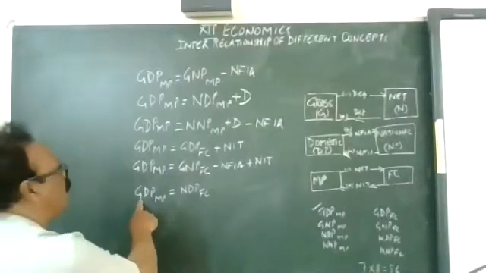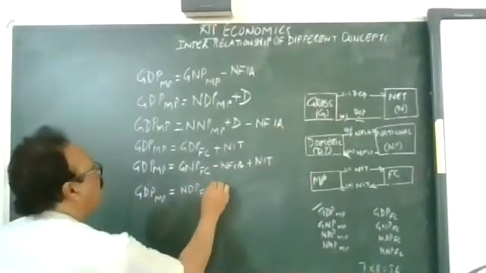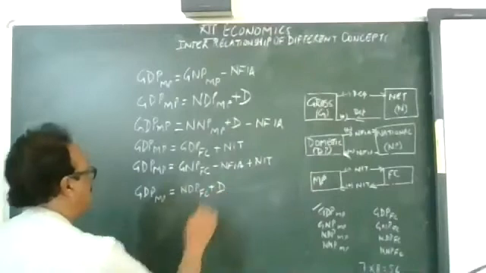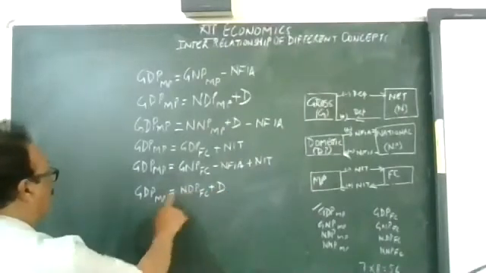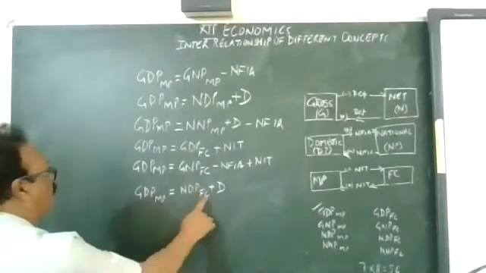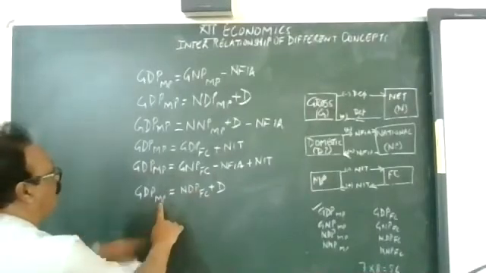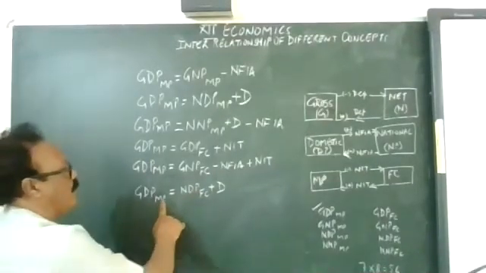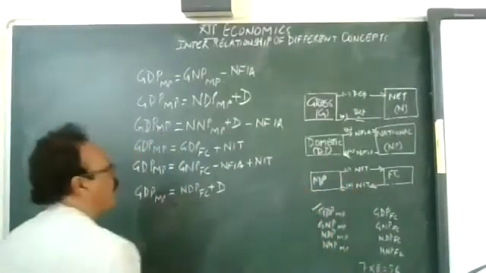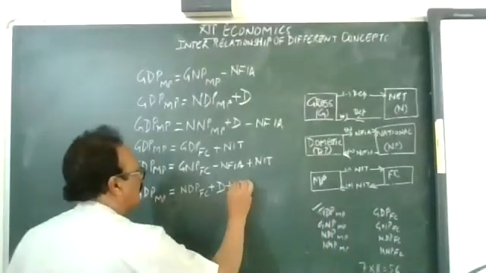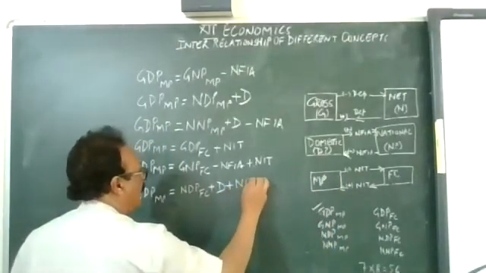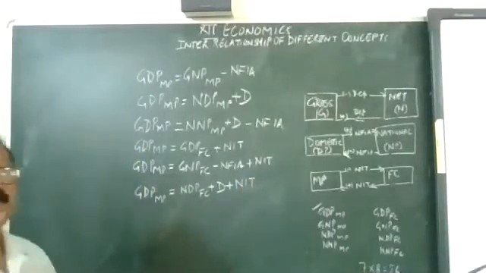Net to gross, what would you do? Net to gross, plus depreciation. Domestic, what is different? Factor cost to market price will be plus NIT. That's your formula.